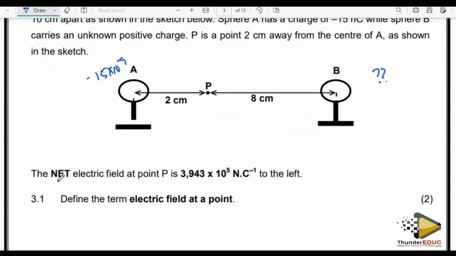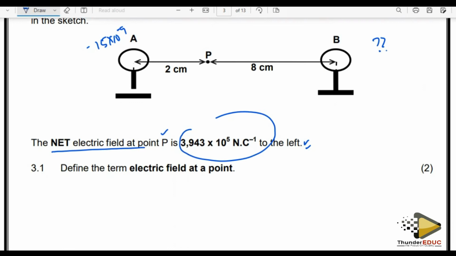Then the net electric field, so this is more like this question. Define electric field at a point. Remember we said electric field at a point is the force per unit positive charge that is placed at that particular point. I'm not going to write that.